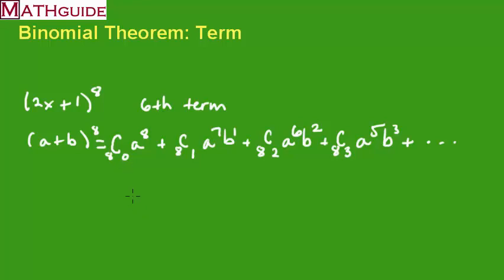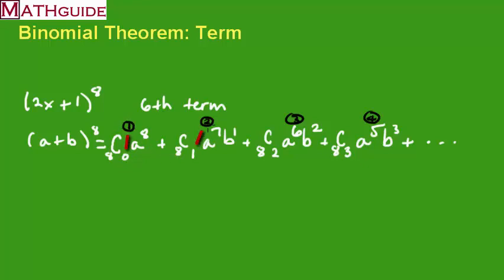What's the second number? There's an interesting little pattern here. If I say this is my first term, second term, third term, fourth term, and I start labeling these by term number, you're going to see another pattern. When I say this is 8 choose 0, notice the second number is always 1 less than the term number.